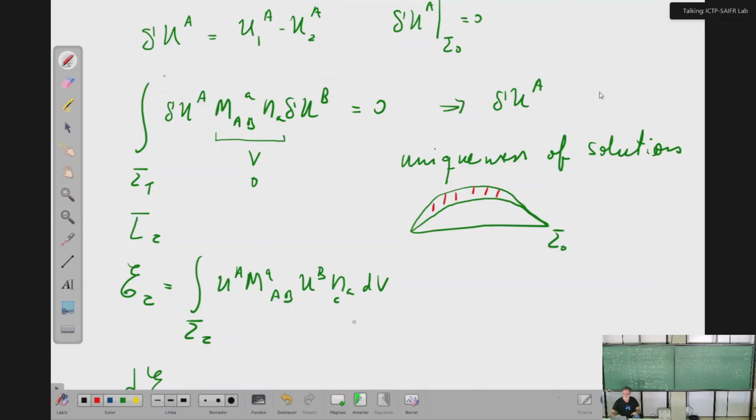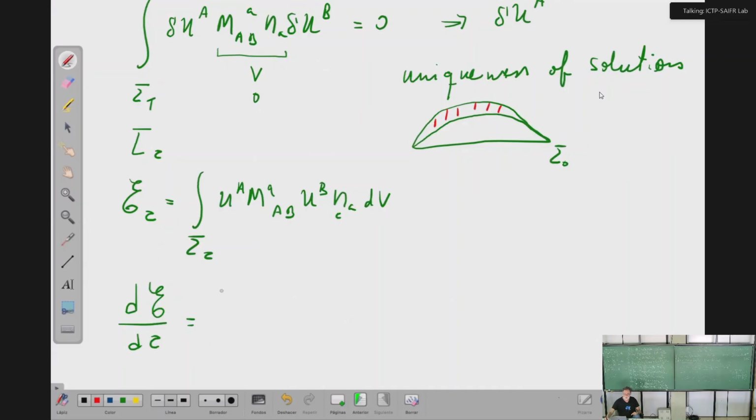So we get that this in here is an integral over sigma tau of u_A f^A plus u_A u_B, and here we have the divergence. Okay?